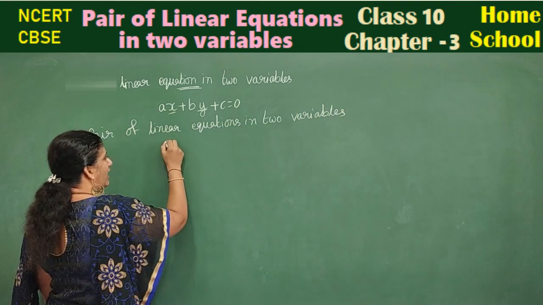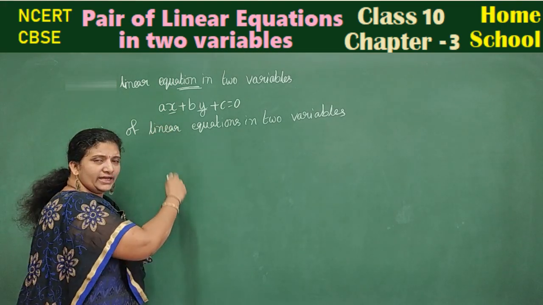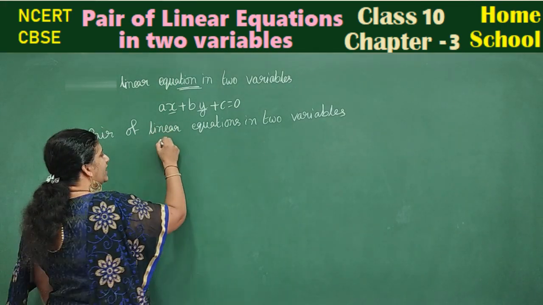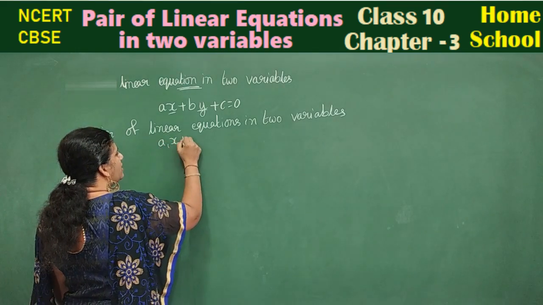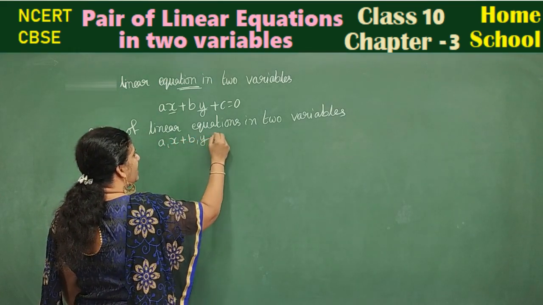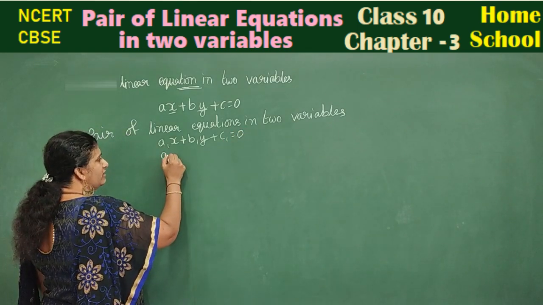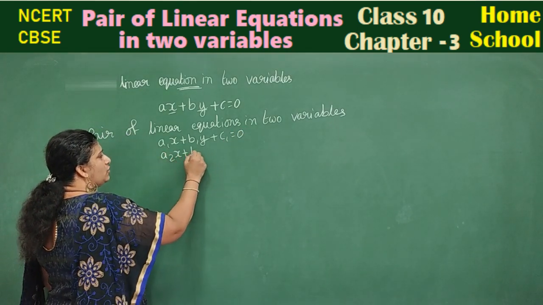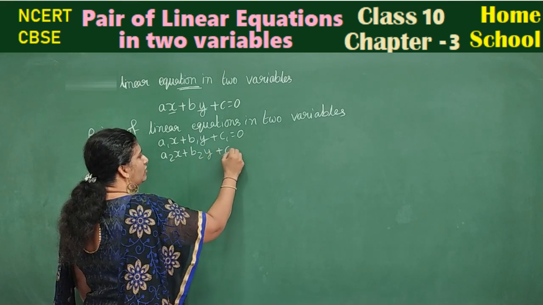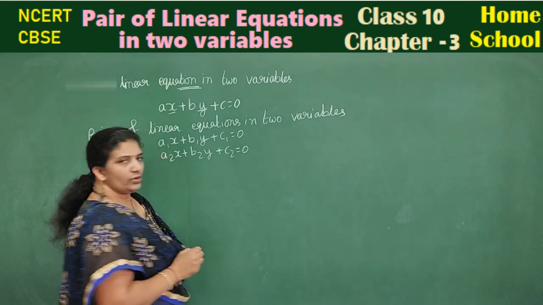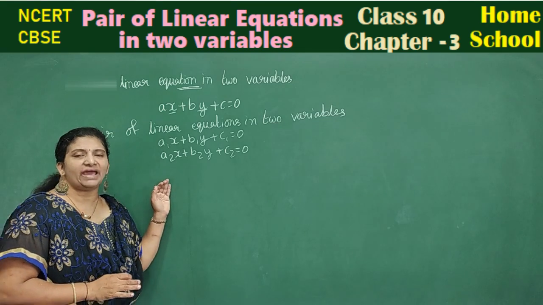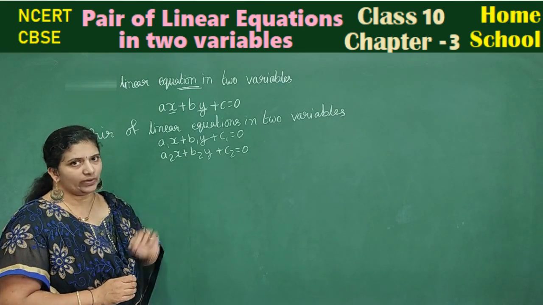I cannot write two equations with the same letters a, so we write it as a1x + b1y + c1 = 0 and another equation a2x + b2y + c2 = 0. These are the pair of linear equations in two variables.